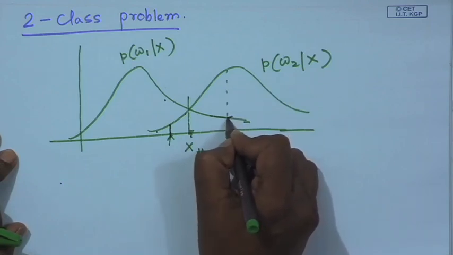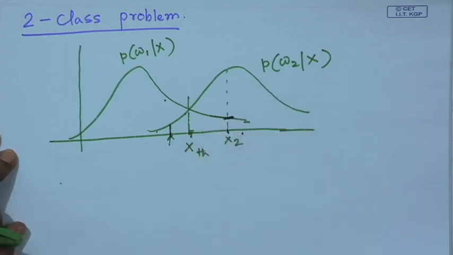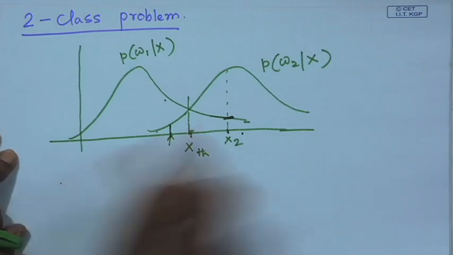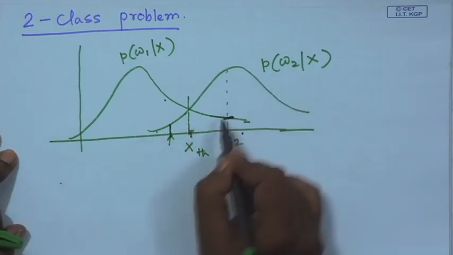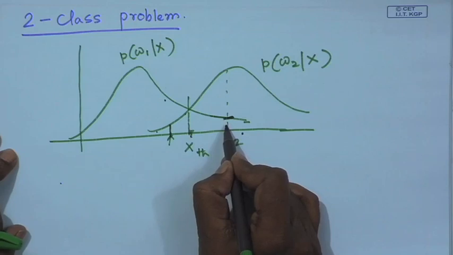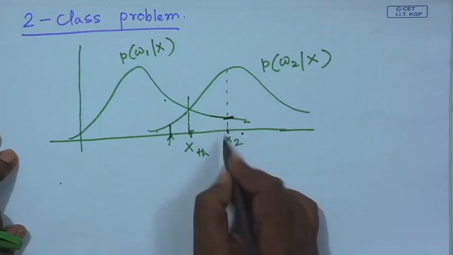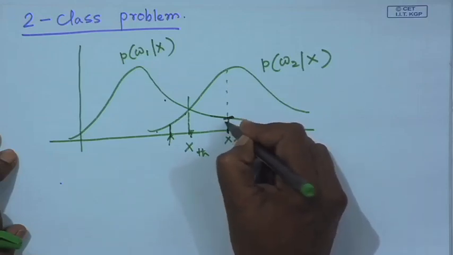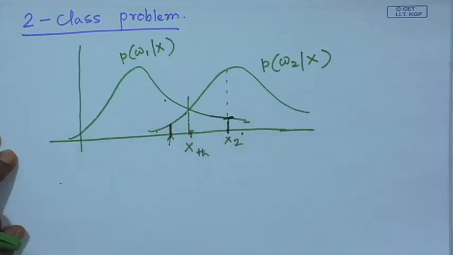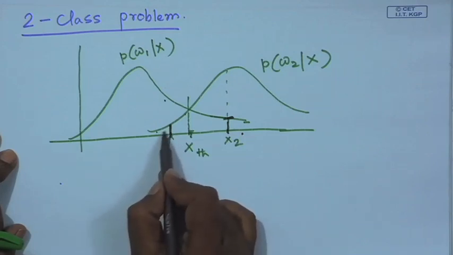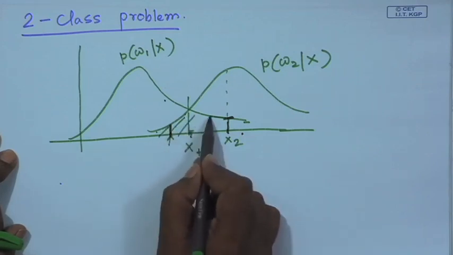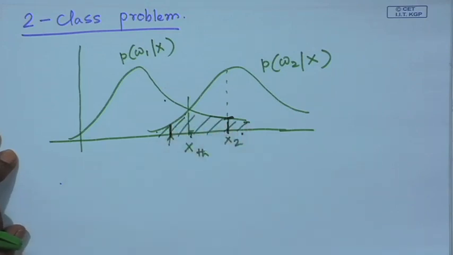But there is a finite probability, given by this, that the feature vector may belong to class omega 1. So, the probability of error over here is this much, the probability of error over here is this much, and the total probability is nothing but the area under these two curves.